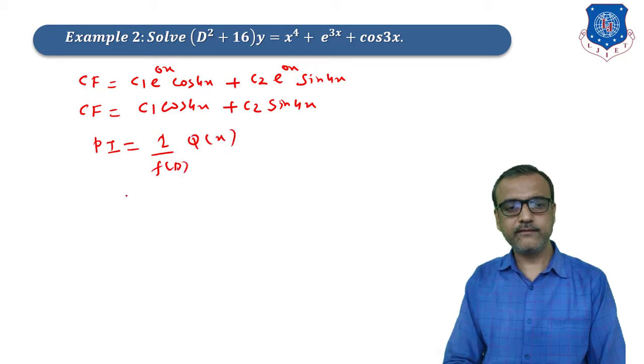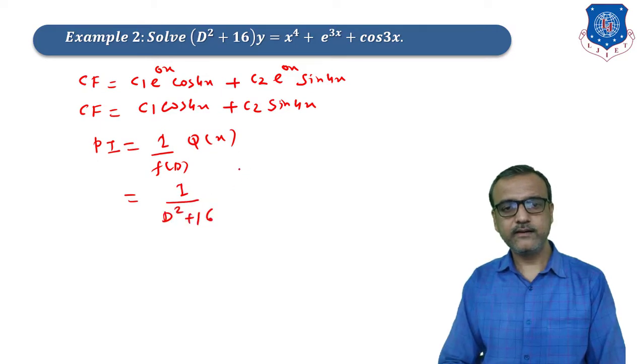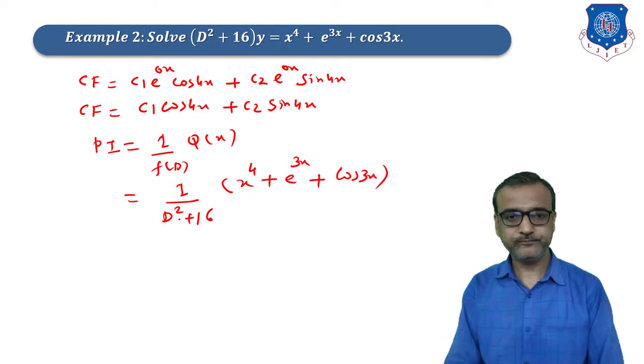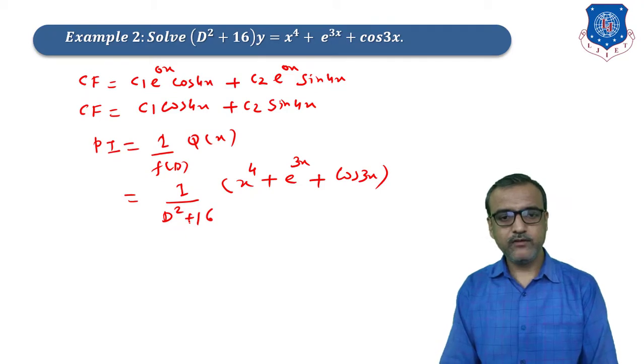So 1 upon f of D, that is D square plus 16, and in this case Q of x is x raised to 4 plus e raised to 3x plus cosine of 3x. Now we will apply this operator on all the three functions.